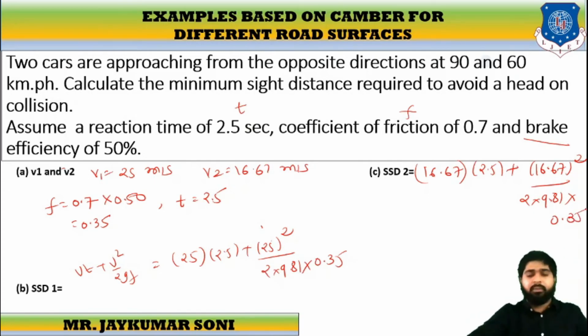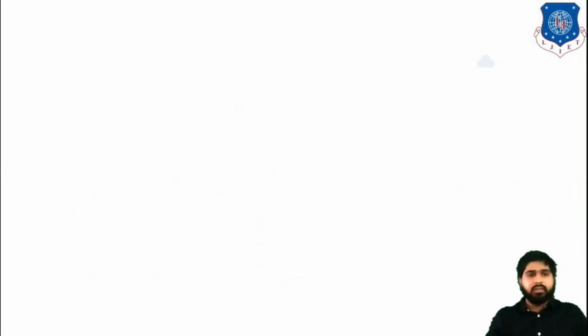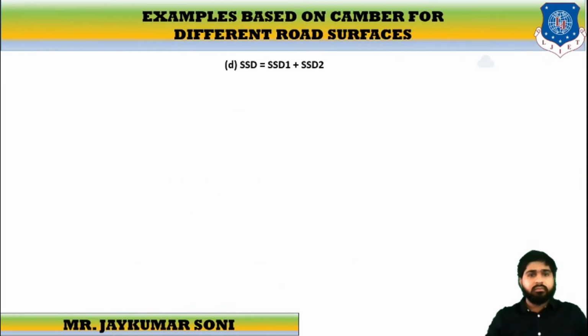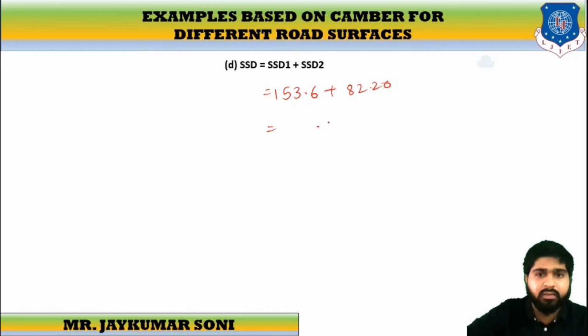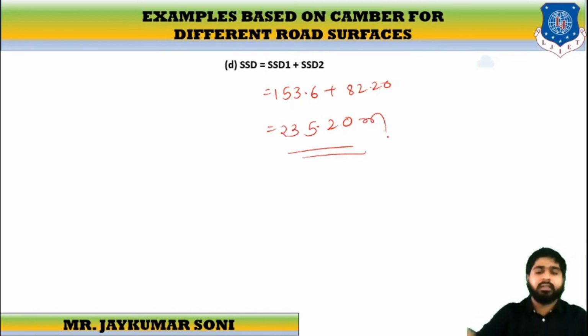Calculate this value and tell me what the ultimate answer is. SSD1 is, and SSD2 is, so the total will be 235.20. This is the total SSD that we are getting here.